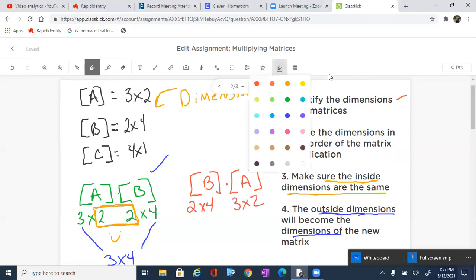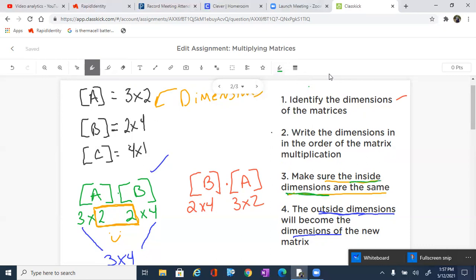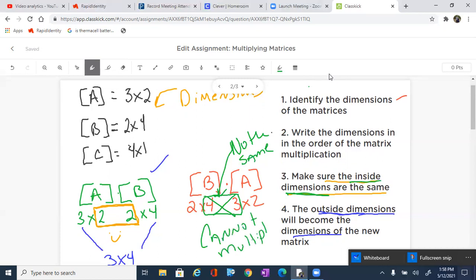Then I look at the inside dimensions, which are a 4 and a 3. They are not the same. Because they're not the same, we cannot multiply these. That is it. There's no way we can actually make that calculation.